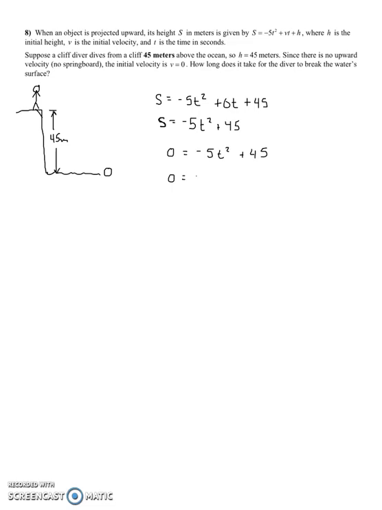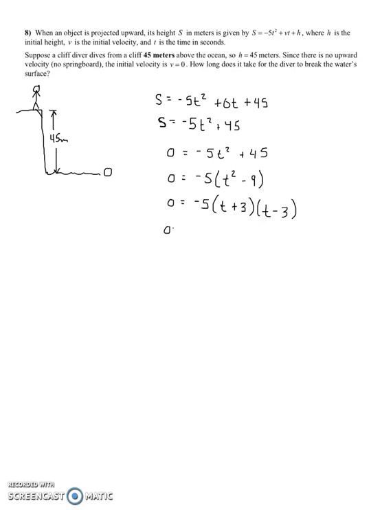So we start by taking out a common factor of -5, which leaves us with t squared minus 9. So 0 equals -5 times t squared minus 9, that's a difference of perfect squares. So that's t plus 3 times t minus 3. Now, we only have to set the factors that have variables in them equal to 0.